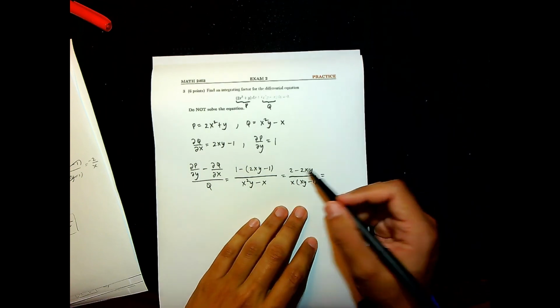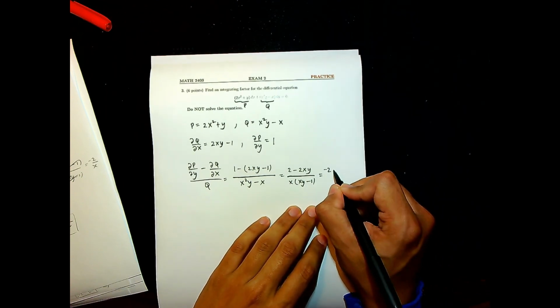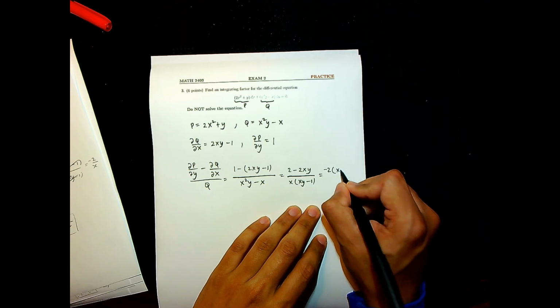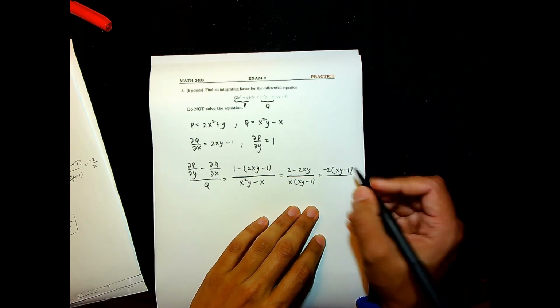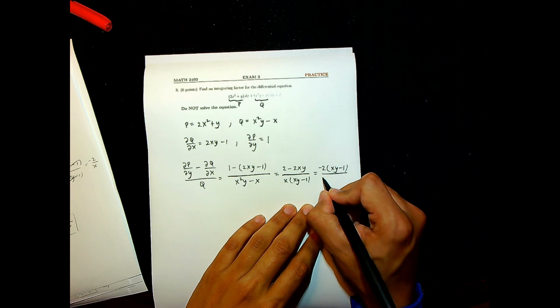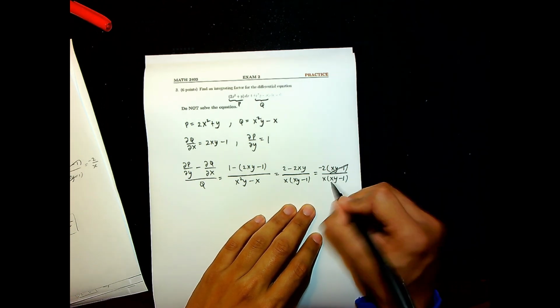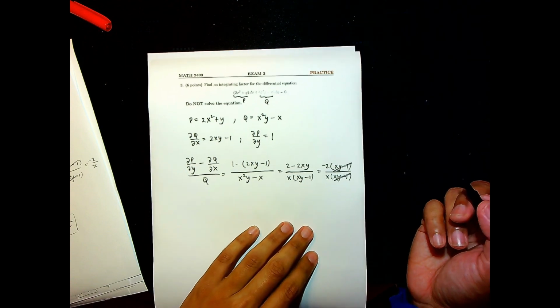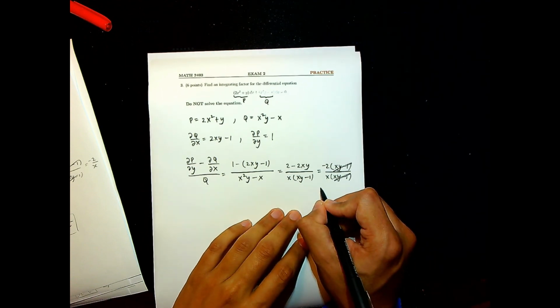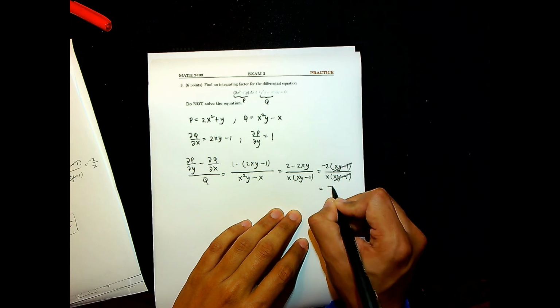And now, if you factor out a negative 2 from the top, this is going to be xy minus 1 over xy minus 1, which makes those cancel and gives you negative 2 over x.